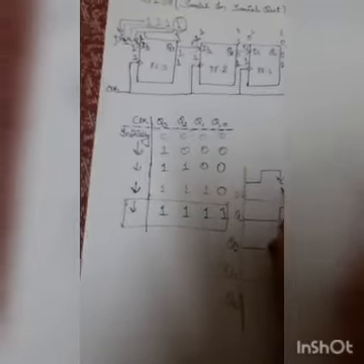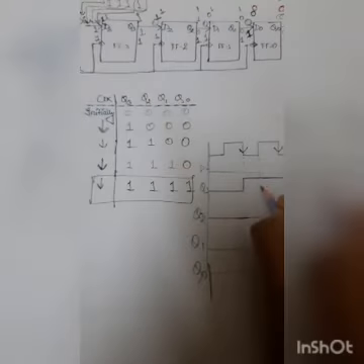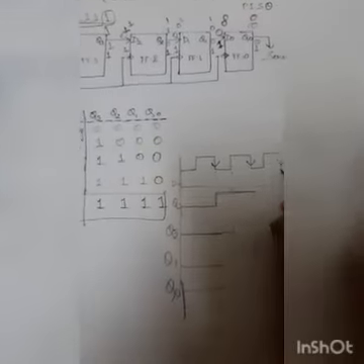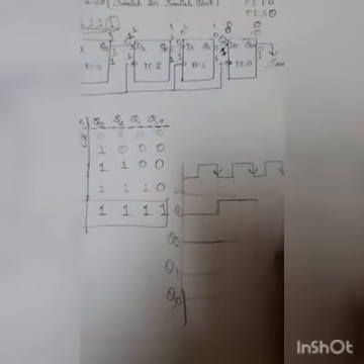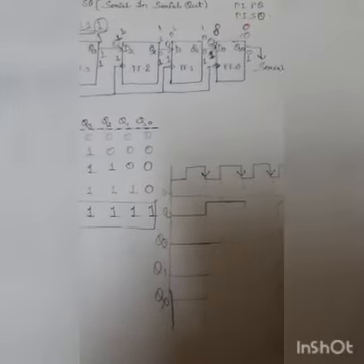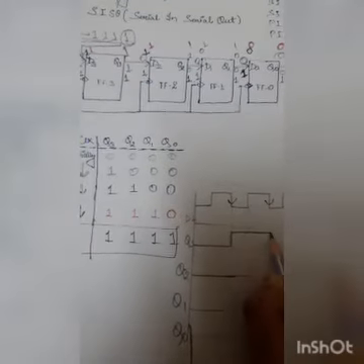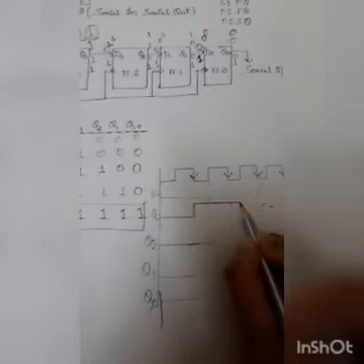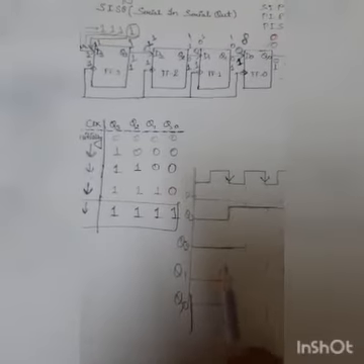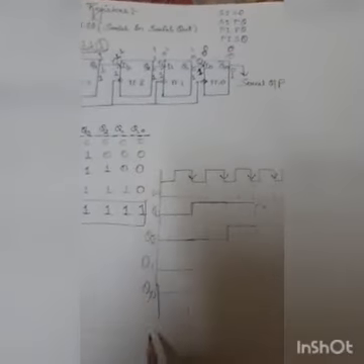Q2 will be high for the second, up to here, and Q1 is 0 and Q0 is 0.